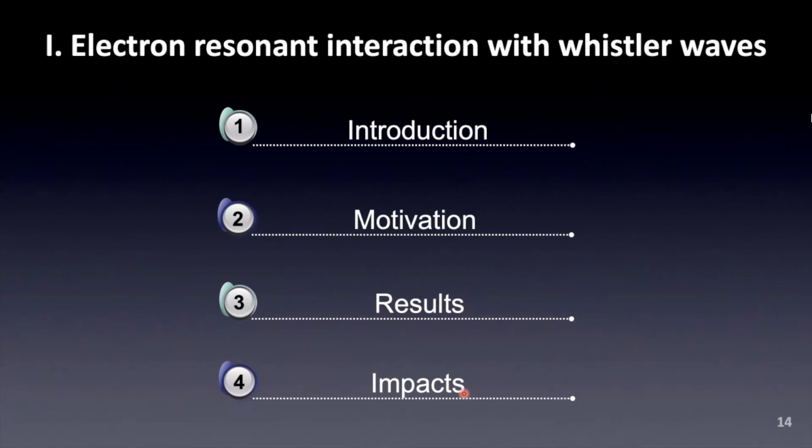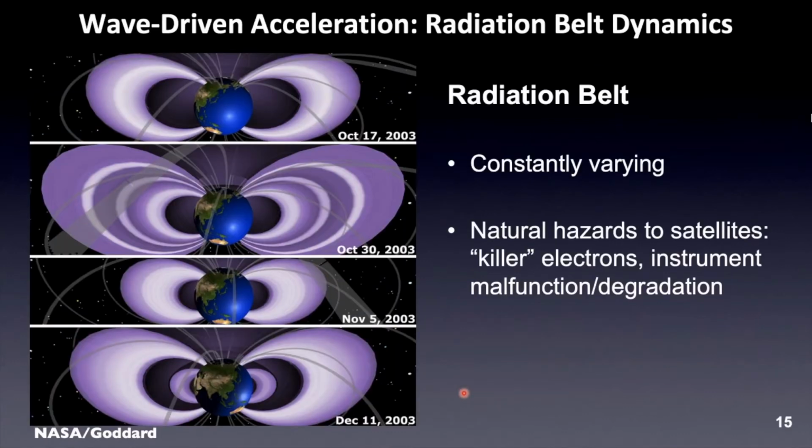Let's start from some brief background again. The picture that we showed before about the radiation belt is, I would say, a more or less idealized picture, because in reality, this radiation belt, marked here by the purple shades, is actually quite dynamic.